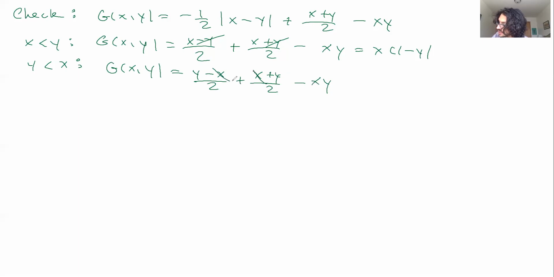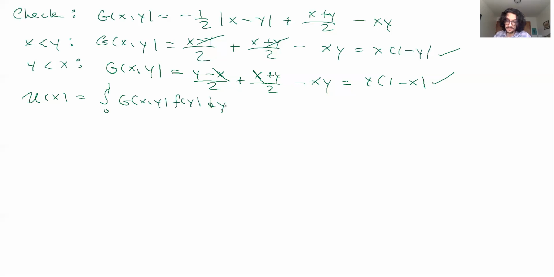We cancel out the x's in this case, and we get y times (1 minus x). Okay. All right. So indeed, we have that u of x is equal to the integral from 0 to 1 of g(x,y) f(y) dy. Great.